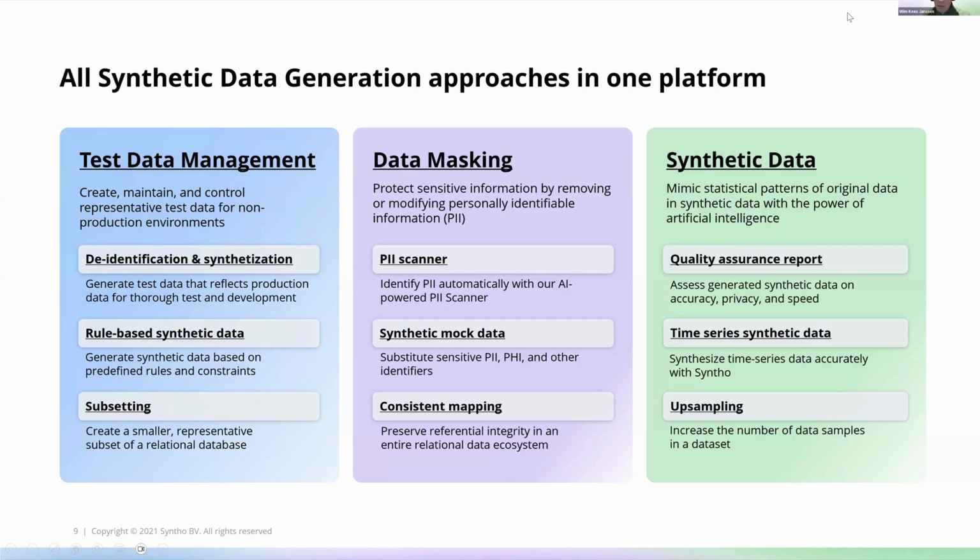And with synthetic data generation, we aim to mimic statistical patterns of original data in synthetic data with the power of artificial intelligence. Today, we will deep dive into all of those solutions with a focus on test data management, and we will start with that in a bit.